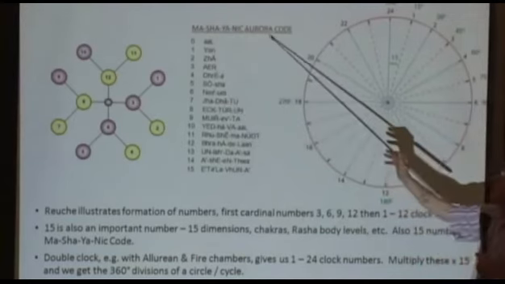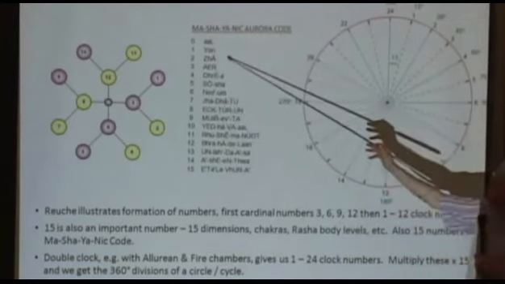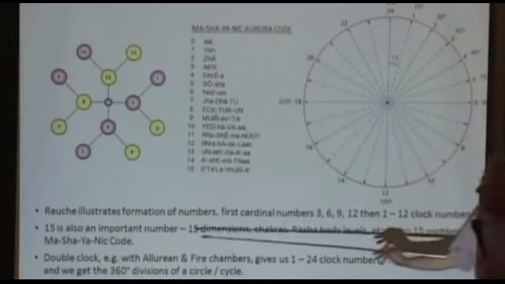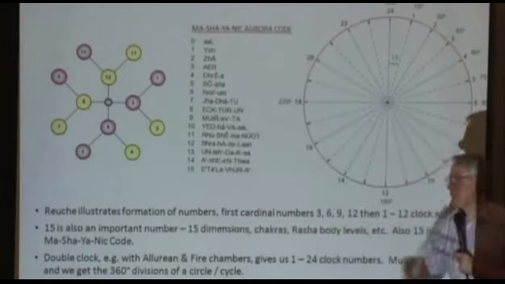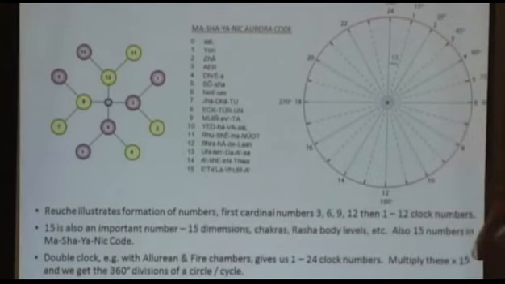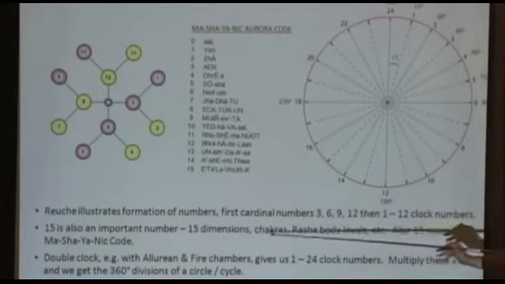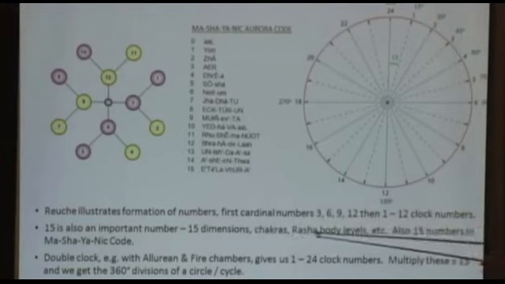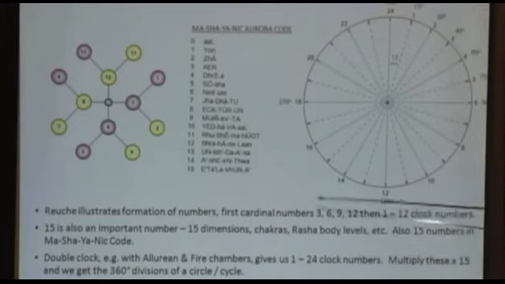Also, wherever elements are counted, we get 15. For example, we have 15 dimensions, 15 chakras, 15 levels in the Rasha bodies. So this number 15 is very important in the evolution of number.